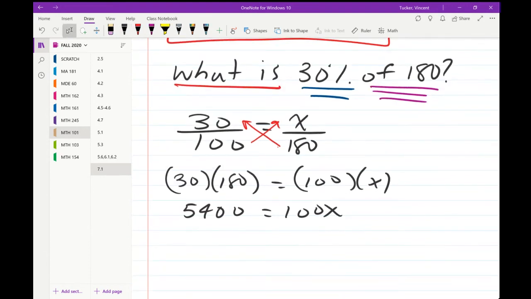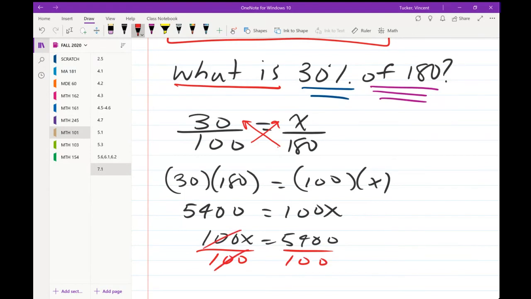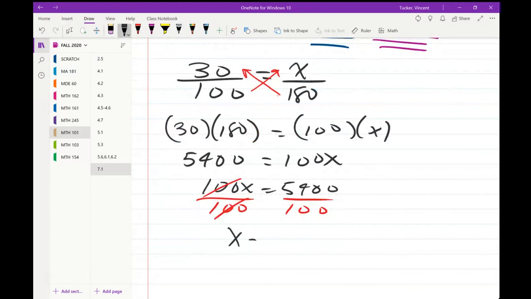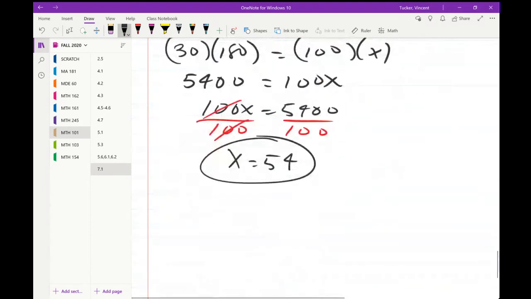It's 5400 equal to 100x. Divide by 100. X is equal to 54.